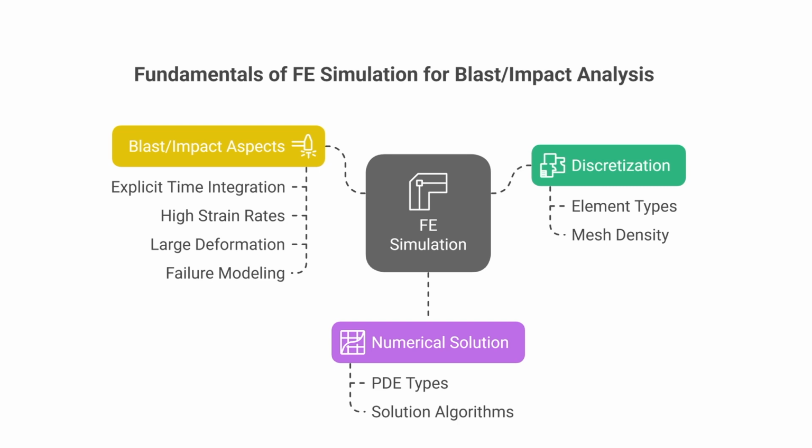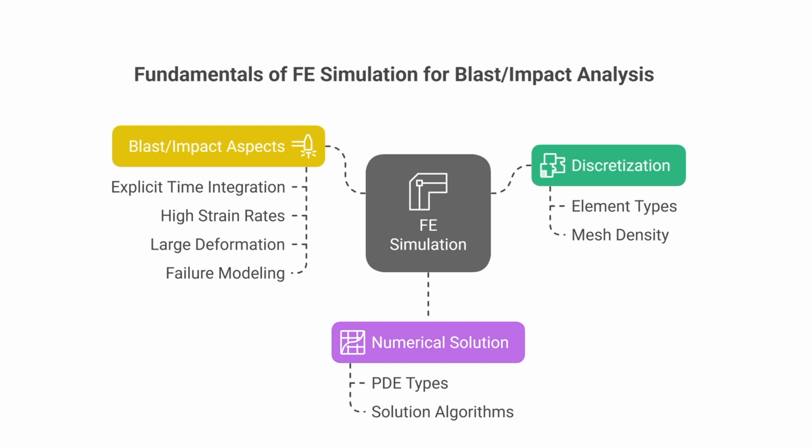So, the fundamentals of finite element simulation. First of all, we should be able to apply the blast loading or the impact loading. From the real world, we will have to mathematically transform the effect of the blast loading or the impact loading into the finite element world. After that, there should be an expressive time integration scheme. It should take into account the high strain rate and the large deformation, and the failure modeling should be accurate.